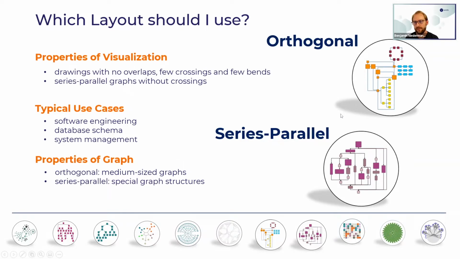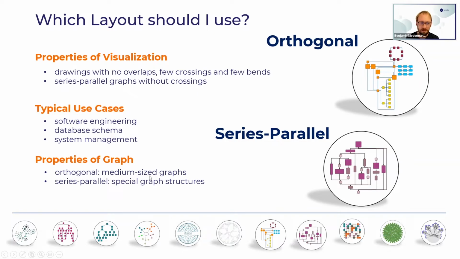Typically you can apply the orthogonal layout, for example, on medium-sized graphs. For large graphs, you normally get problems with the number of bends, because if you assume, for example, that you have many nodes and many edges, then you need to circumvent these nodes with many bends. So if you have two nodes that are far away in this drawing and you would like to connect them with an edge, then you need to introduce many bends and crossings, and this becomes more problematic when the graphs become larger.